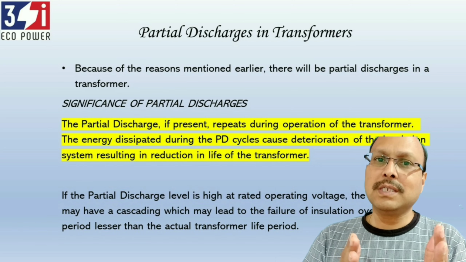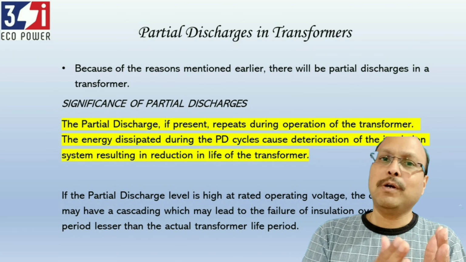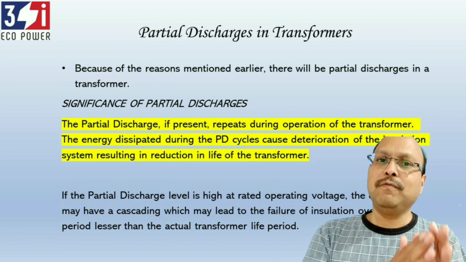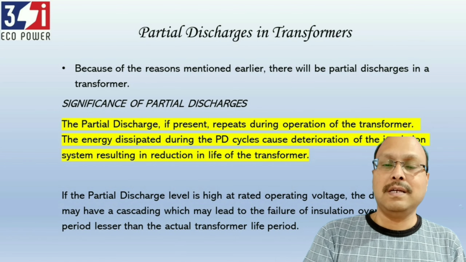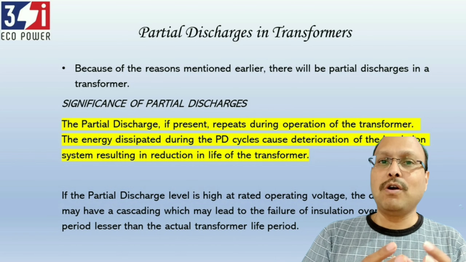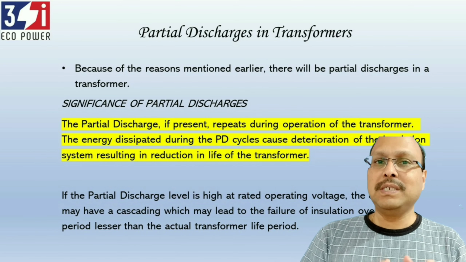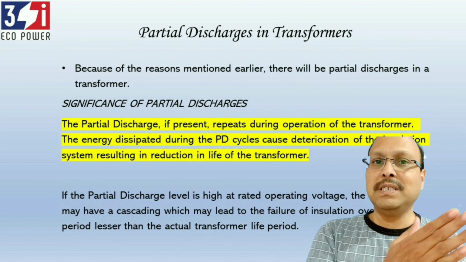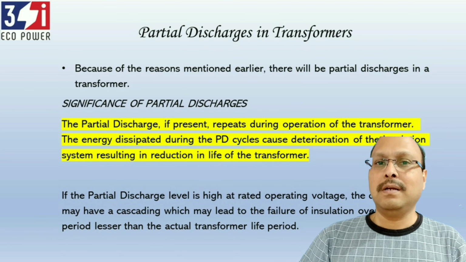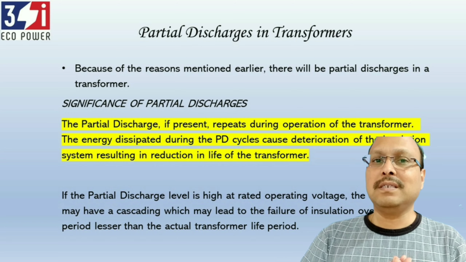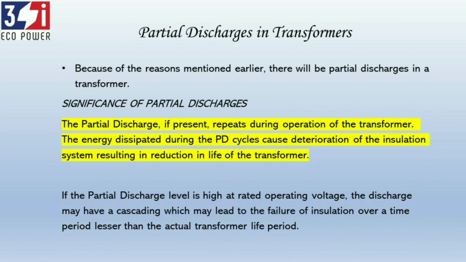The insulation system will get damaged because of partial discharges, and if partial discharges are more, the damage will be faster, and the transformer may not survive its lifetime. So basically it is damaging the insulation system, thereby failures may occur in a transformer. So this is the significance of partial discharges in a transformer.